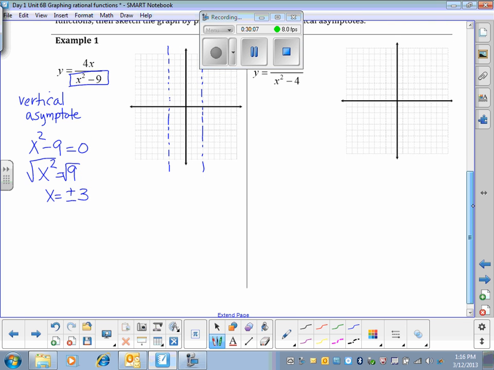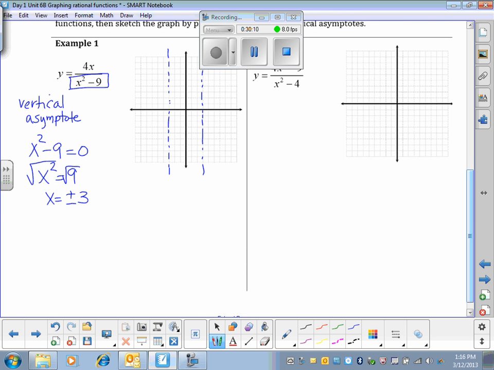Now, for that horizontal asymptote, we're just worrying about the degrees, right? So what's the degree of the top one? The degree of the top one is 1. The degree of the bottom polynomial is 2. So this is small over big, the smaller number over a bigger number, right?